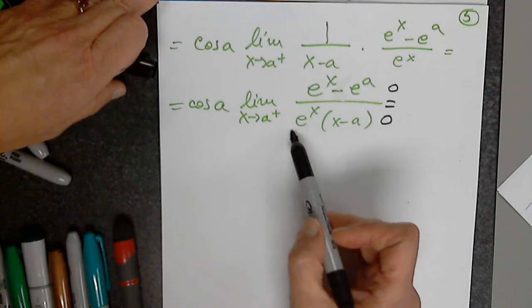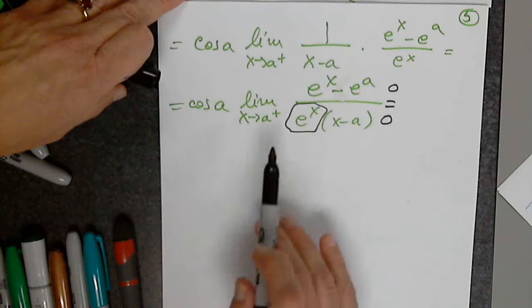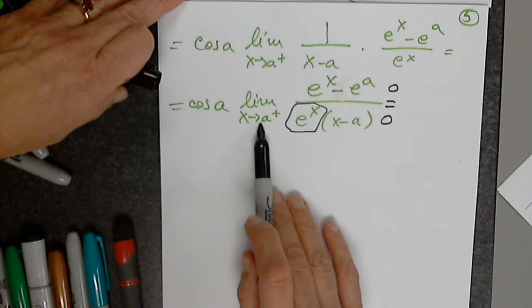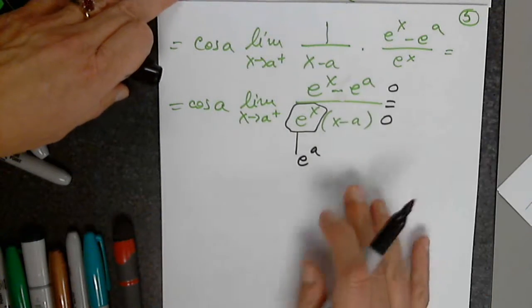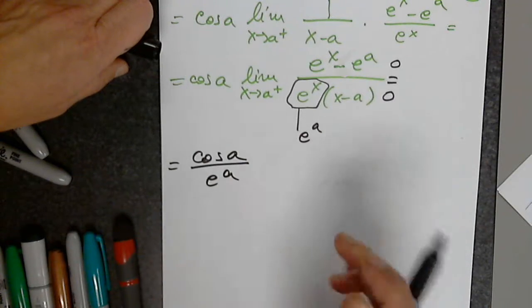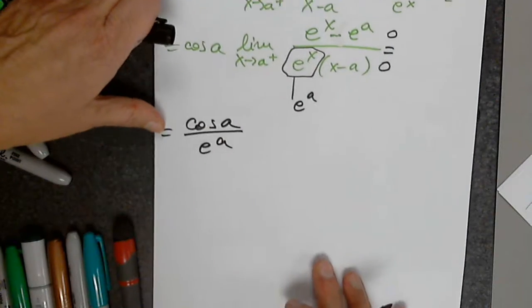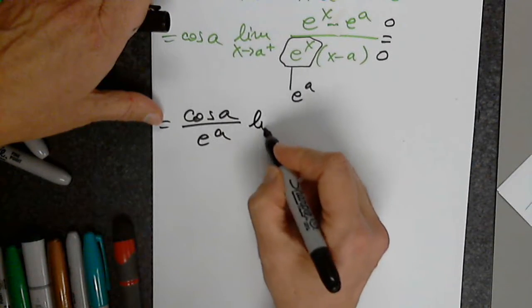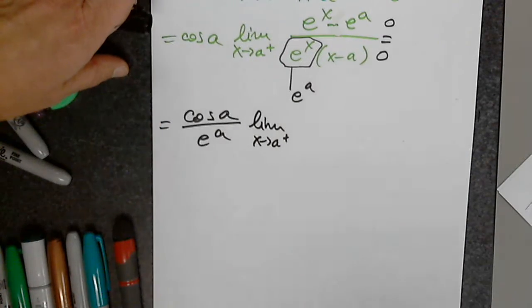Good. But now I have this factor, which is a friendly factor. When x approaches a from the right-hand side, this approaches e to the a. I don't want to mess with it. It will come out as a factor, because if I have to differentiate, that will never go away. So I'll run into difficulties, and it's just a factor. It doesn't create 0 over 0. It doesn't create infinity.